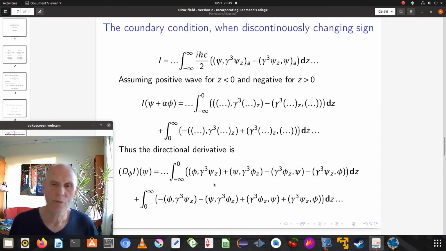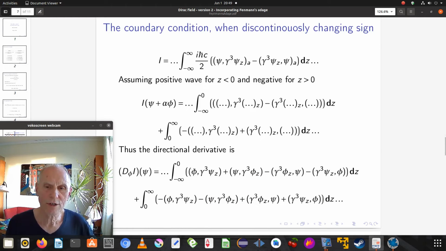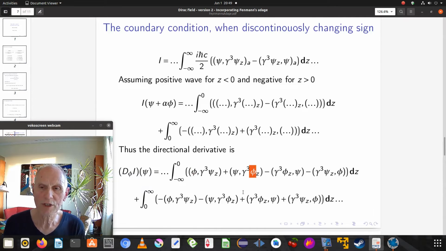Next, this is fine, it's just the scalar product with phi. Here we need to make partial integration, and here, and here, and here.